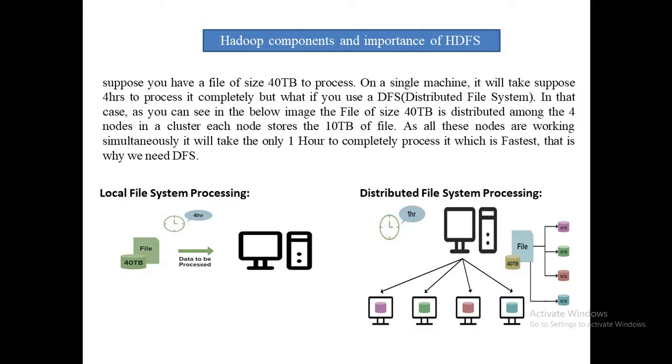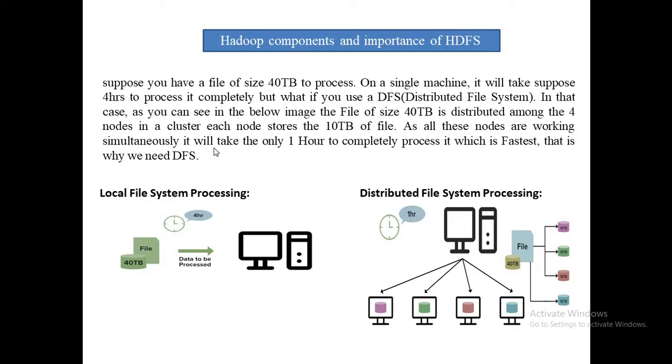If you take 40 terabytes and process it on a single machine, it will take 4 hours. The same 40 terabytes given to distributed file system processing can be completed within 1 hour.